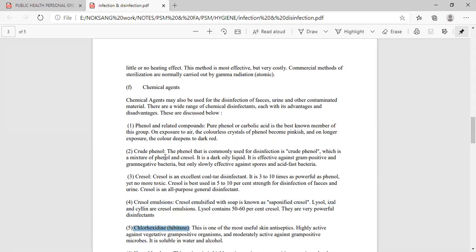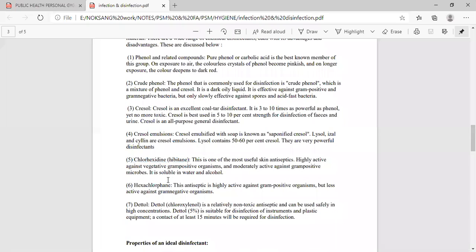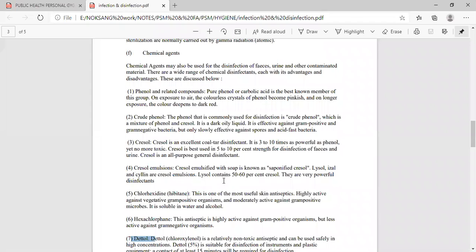Just write down the names. Writing the explanation will make the notes too long. Even in the exam, I won't ask you to write all of this definition. You just have to know the names. And the last is Dettol. So these are the chemical agents. Just the names. Take the picture.